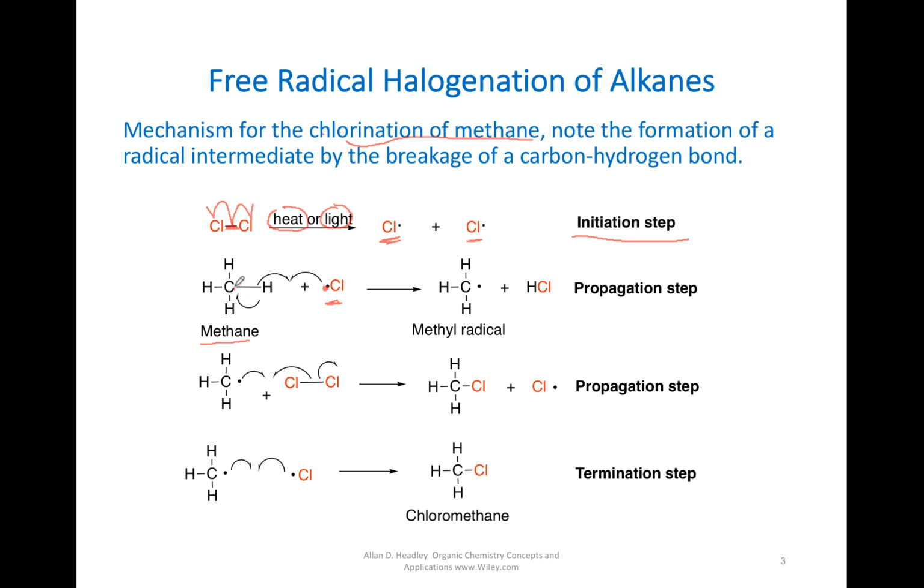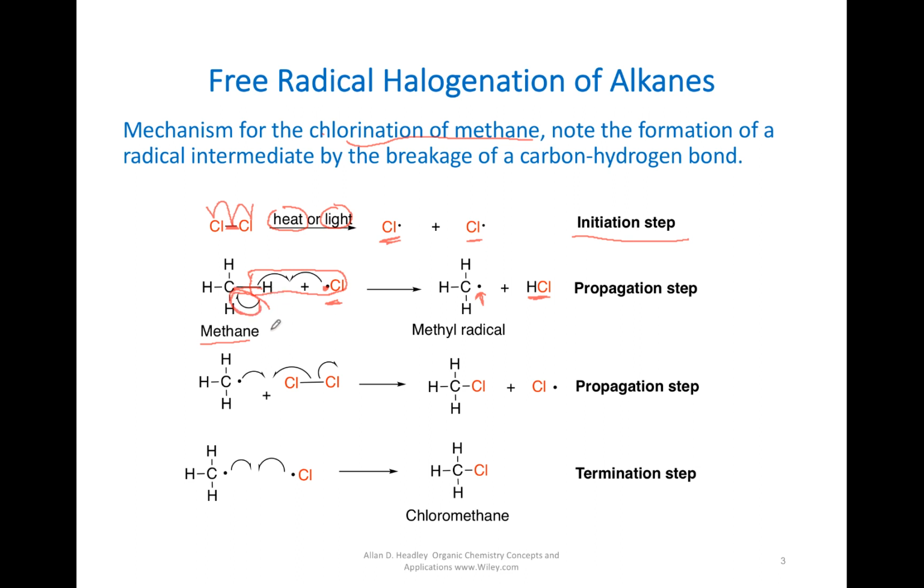Here is a bond with 2 electrons. So if we take 1 electron from that single covalent bond, we get here HCl. What's left behind is a radical. As you can see here, the arrows to indicate those electron movements.